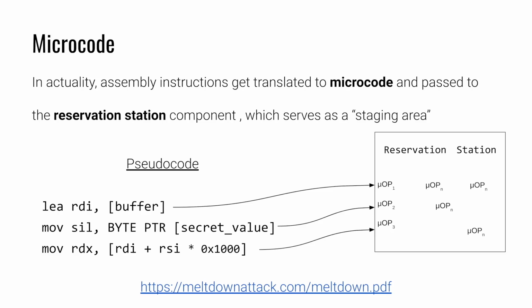Now, this isn't a microarchitecture class, so I'm going to do a little bit of hand waving here, but I'm going to talk about some of the components that exist inside of the modern CPU. One of them is something that's known as the reservation station. We can think of the reservation station as like a parking lot. Once the microcode has been created and it's been sorted a bit, the microcode gets placed in the reservation station where it is waiting to run.